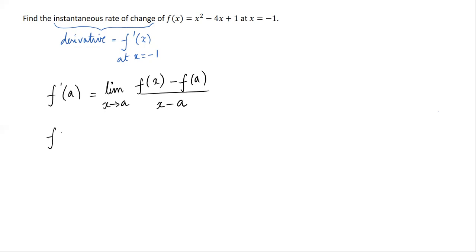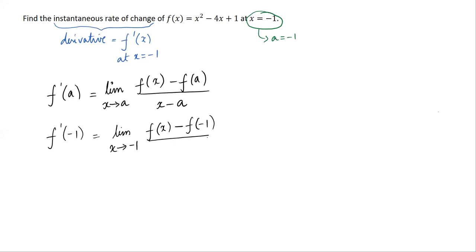In this case, our a is -1, because that is the particular point. So f prime of -1, limit x approaches -1, f of x minus f of -1 all over x minus a, which is itself -1.